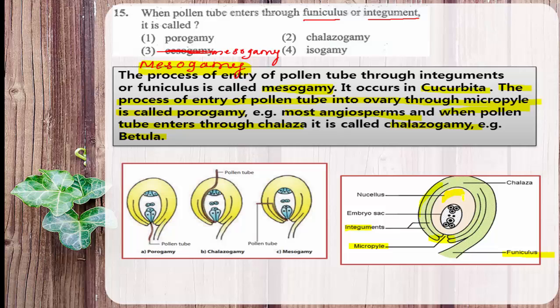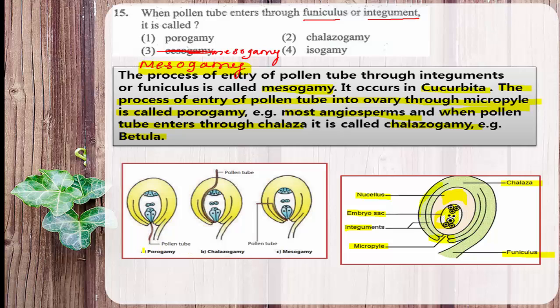The nutritive tissue which is present in the ovule is called nucellus. In the center of the nucellus, the mature embryo sac is present, which is a 7-celled and 8-nucleated structure. This end is micropyle and the opposite end is chalaza.